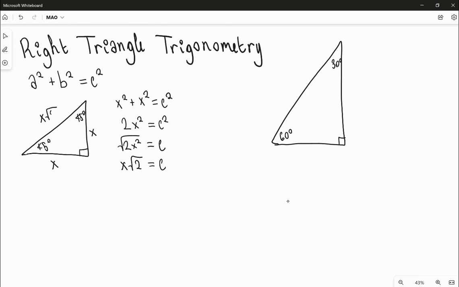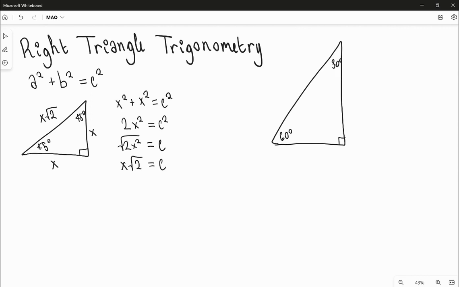So all you need is the knowledge that when it's a 45, 45, 90 triangle, the two sides are equal, and the hypotenuse is one of those sides times the square root of 2. That one is just simple Pythagorean theorem, but now you can solve it using only one side rather than having to have two different sides to solve for a missing side.